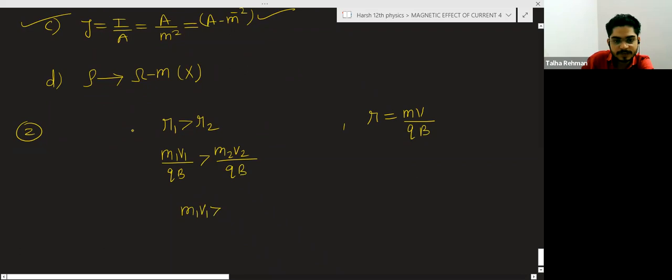M1 V1 will be greater than M2 V2. Check option number C.